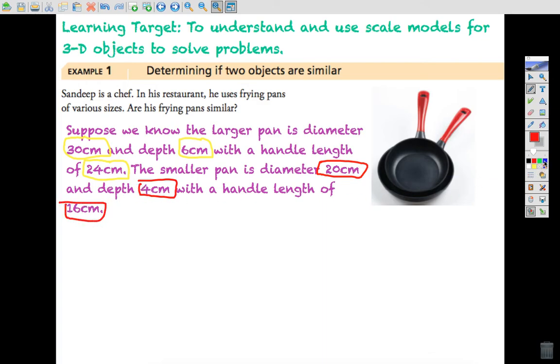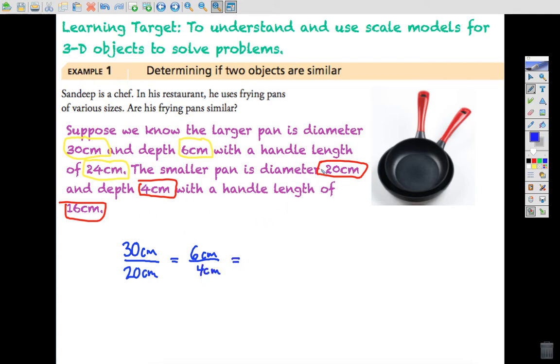So when asking if these are actually similar figures, we want to set up a comparison. So let's set up 30 centimeters compared to the diameter of the other pan, which is 20. Then we want to see if that is equal to the depth of 6 centimeters compared to the depth of 4 centimeters.